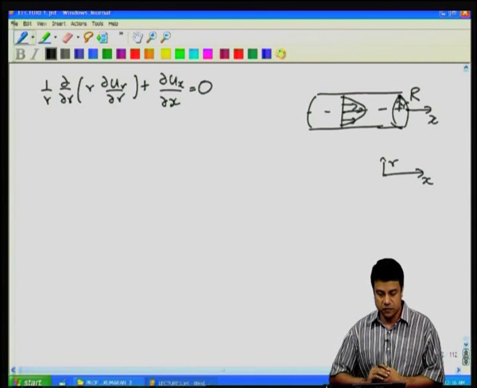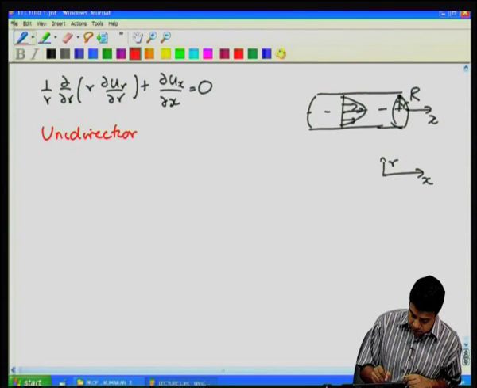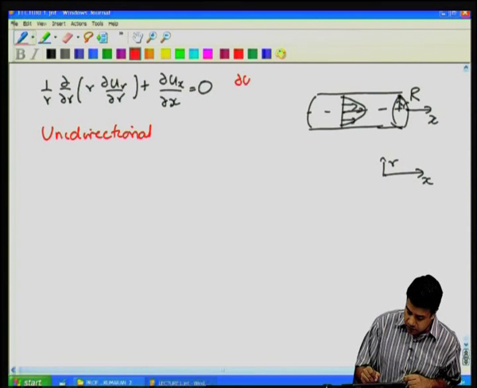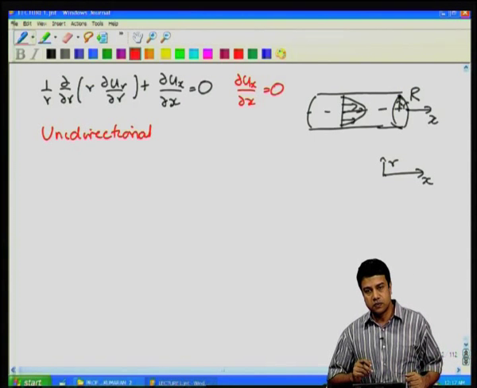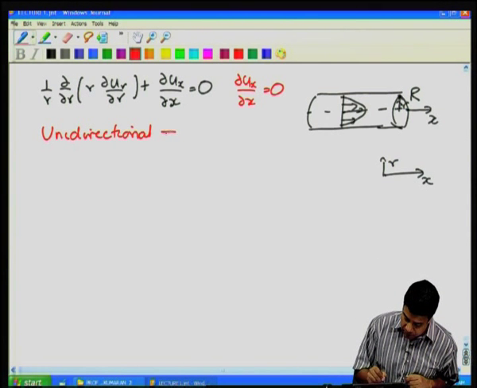Once again, if the flow is unidirectional, partial u x by partial x is equal to 0. So, once again u x cannot be dependent upon x, and therefore, one has simply a fully developed flow. Unidirectional implies fully developed.